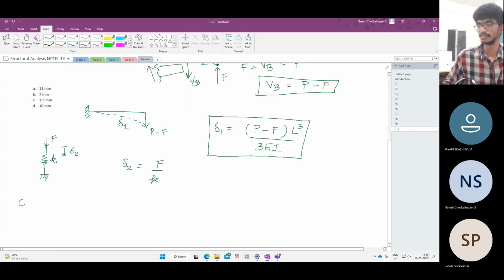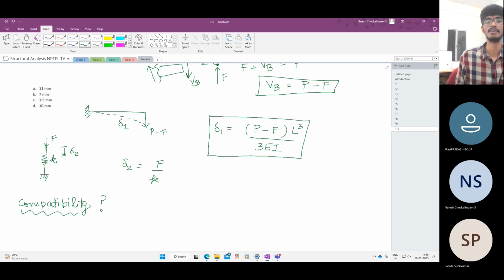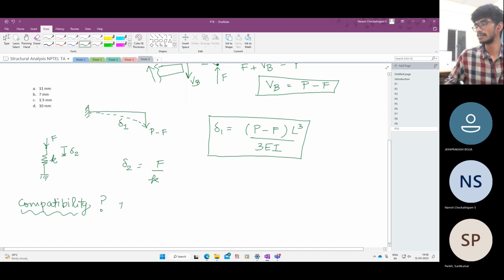Now let us consider the compatibility condition. What is the compatibility condition in this case? Compatibility, as I said, is that the different parts of the structure should not break away or overlap. So it means this spring doesn't deform something like this.